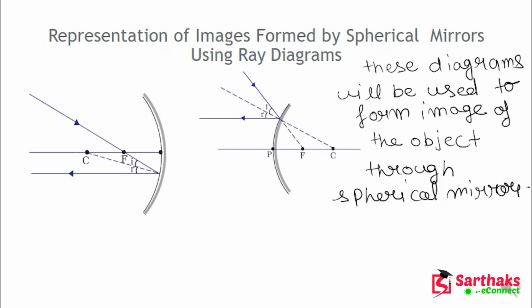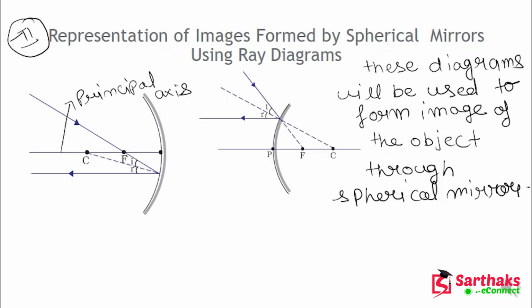So this is our second rule. What we learned in the previous slide was the first rule, and this is our second rule. According to this rule, if a ray crosses this point F, then after the reflection it will always go back parallel to the principal axis. This is just the opposite of the rule we studied in the previous slide.